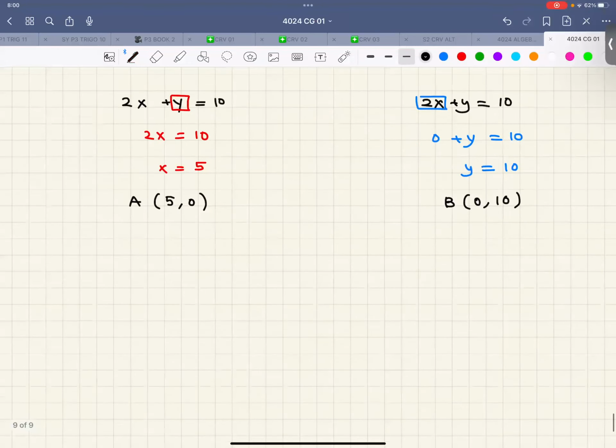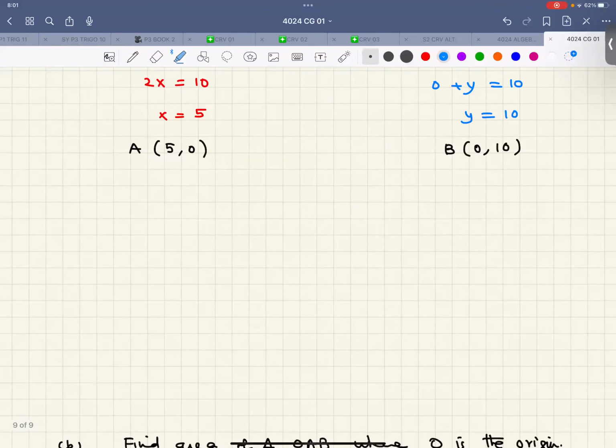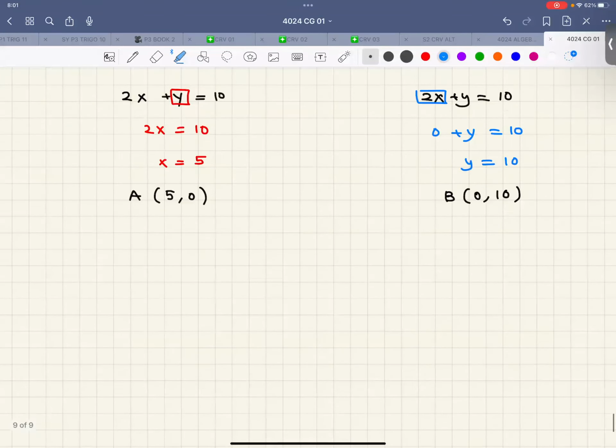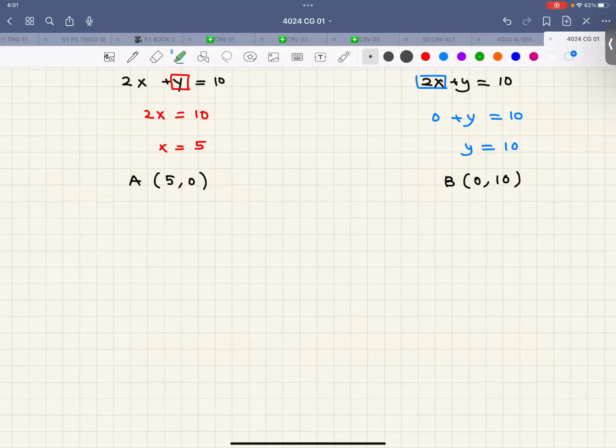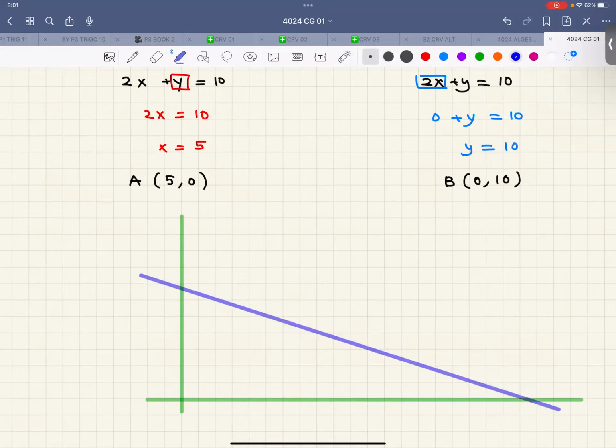Let me draw the line, in green color. This is the y-axis and this is the x-axis, just a rough diagram like this. So the line goes something like this. This is your A, that is (5, 0).